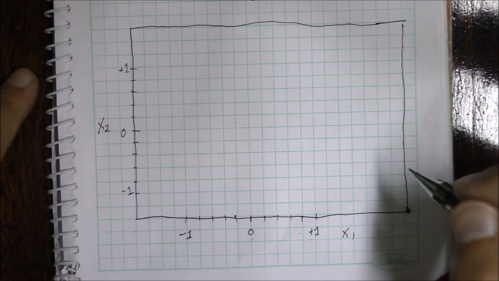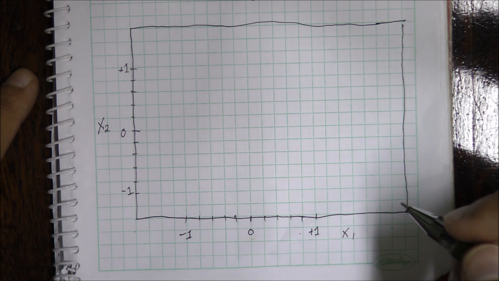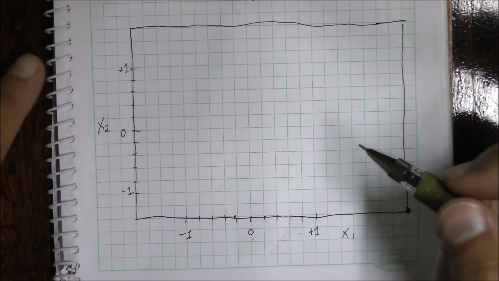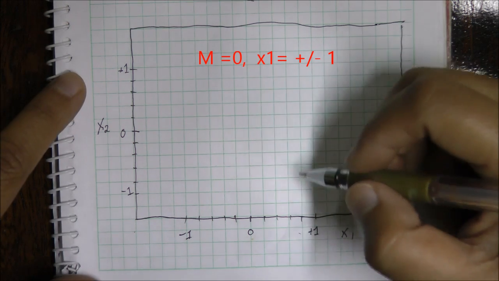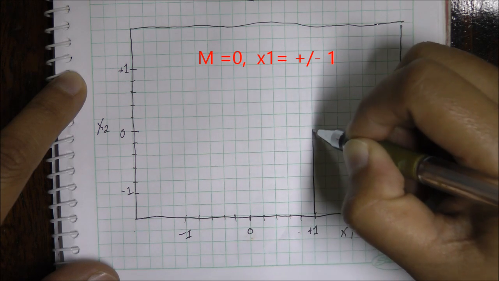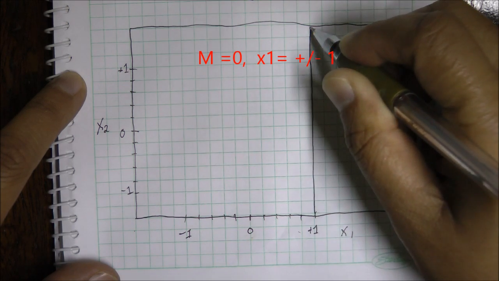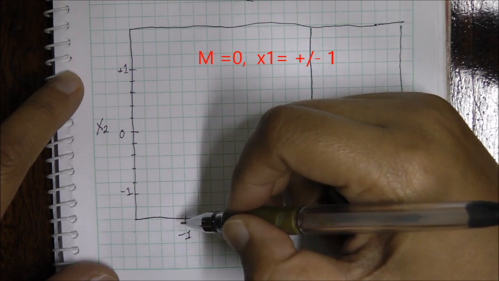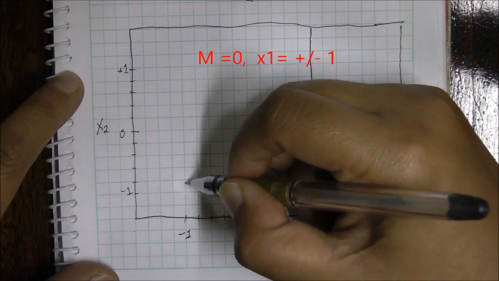When we have the equation x1 equals plus or minus 1, it's an equation of a line corresponding to a slope m equals 0. So we draw x1 equals plus 1, and this is x1 equals plus 1. There's no dependence on x2. And then this is x1 equals minus 1.